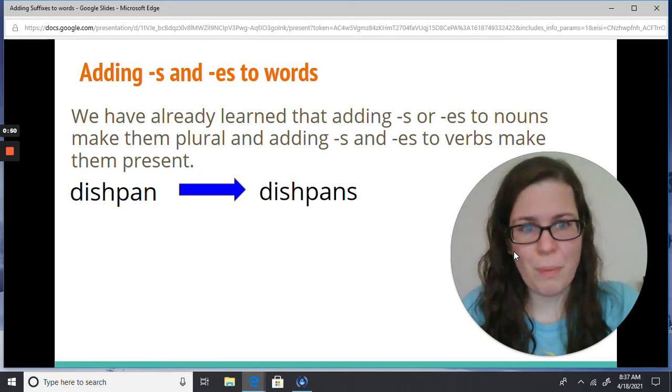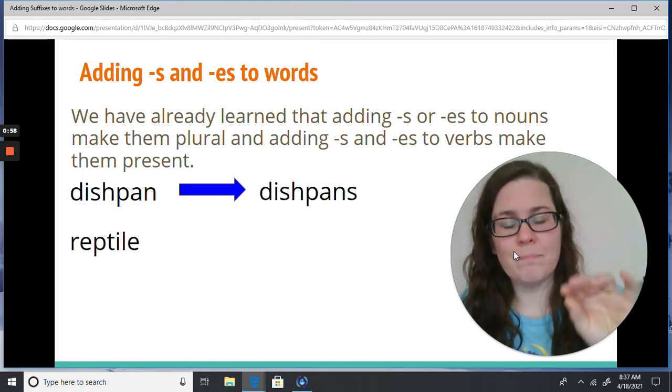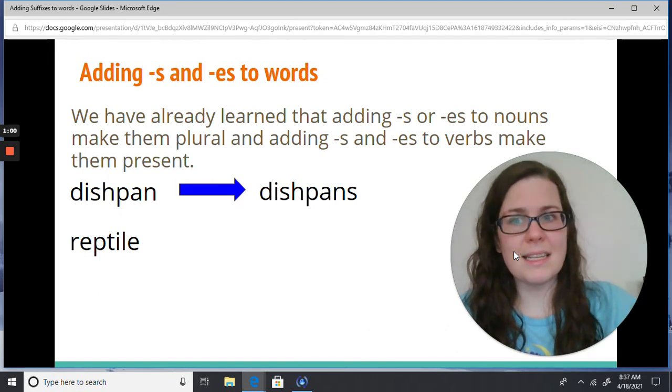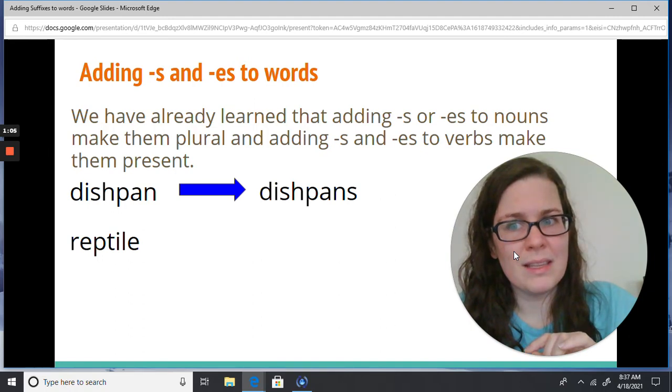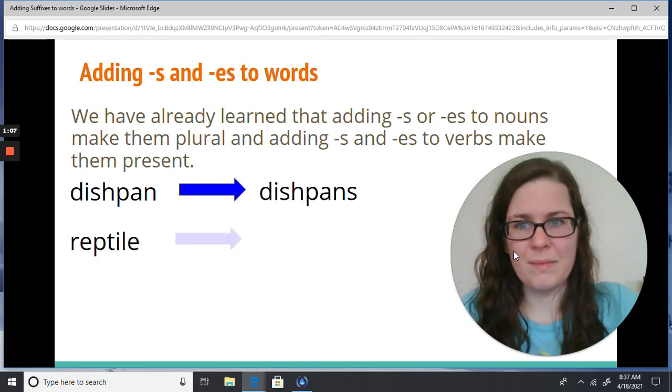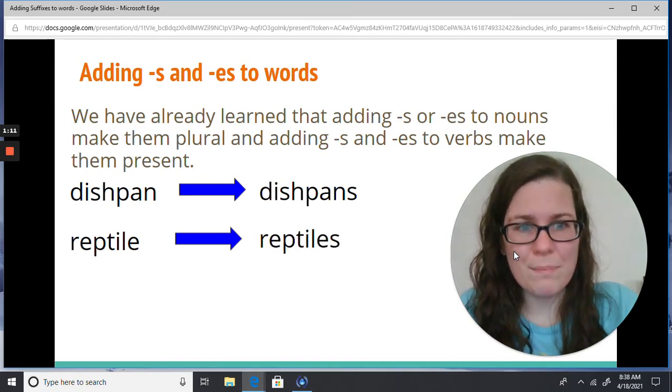More than one dishpan. Here we have another two-syllable word. We're going to split it at the consonants, the P and the T. Rep. And then the second syllable is tile, because we have that magic E. Reptile. When we add an S, we get reptiles.